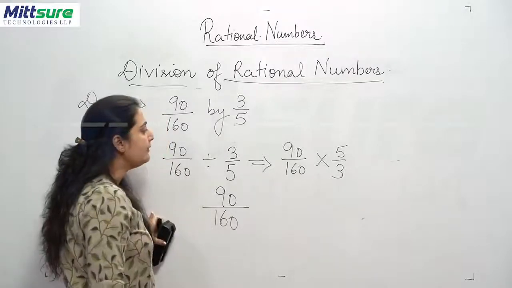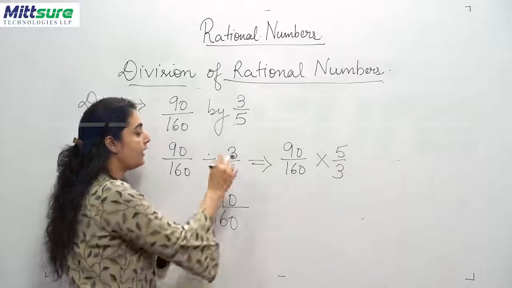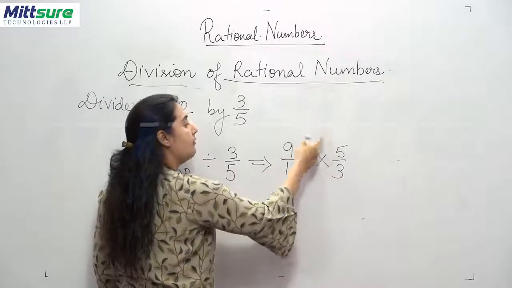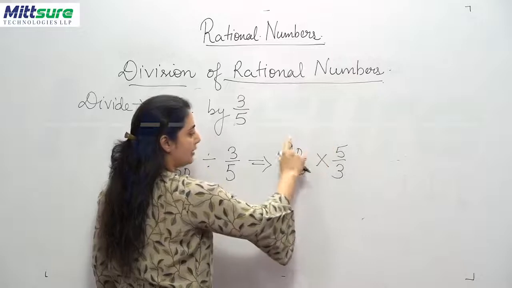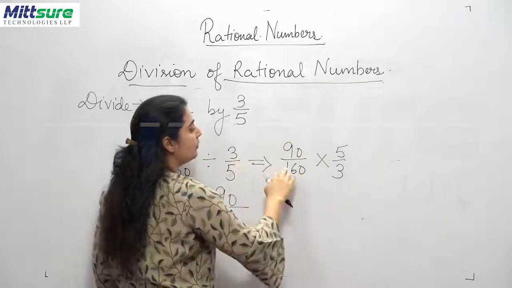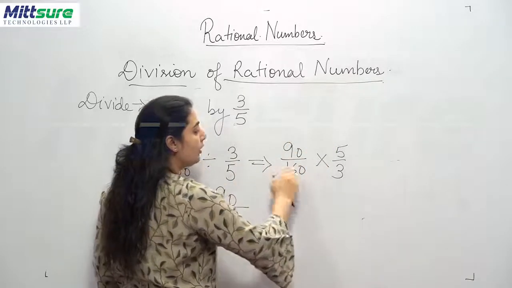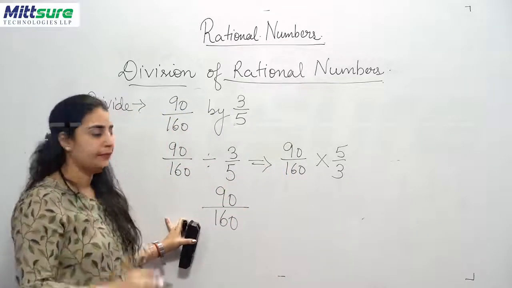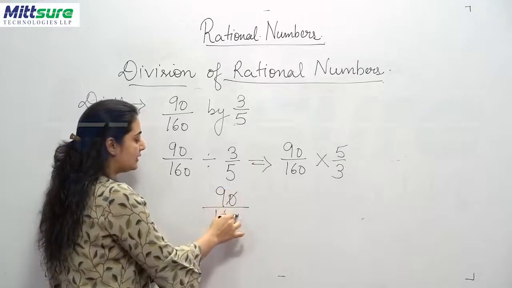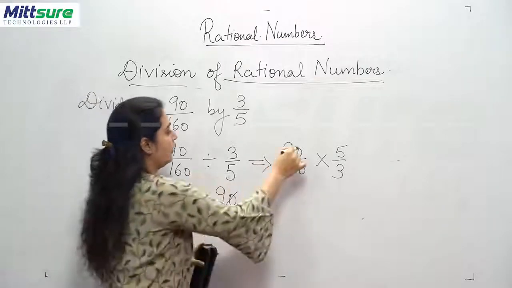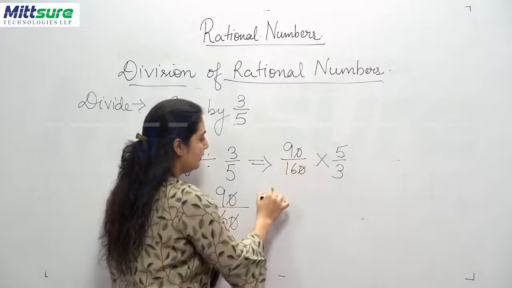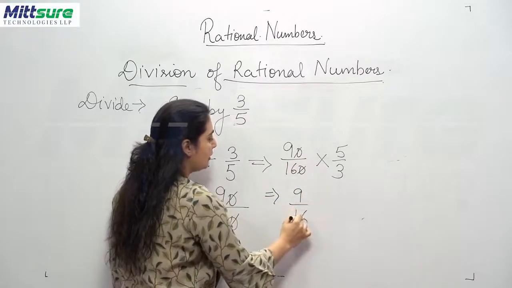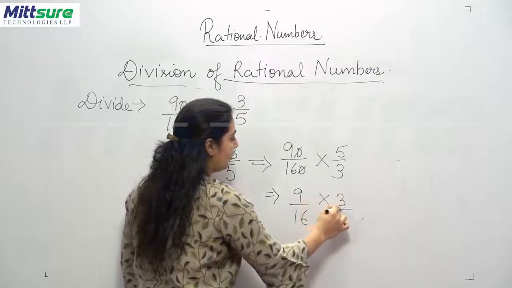So to avoid that situation, whenever you find a 0 in the numerator of either rational number and a 0 in either denominator, the 0 gets cancelled with 0 easily. So this 0 gets cancelled with 0. Let's write it again: 9 upon 16 multiplied by 3 upon 5.